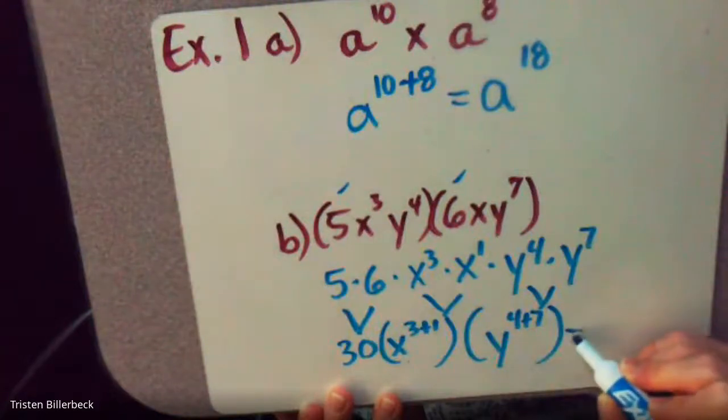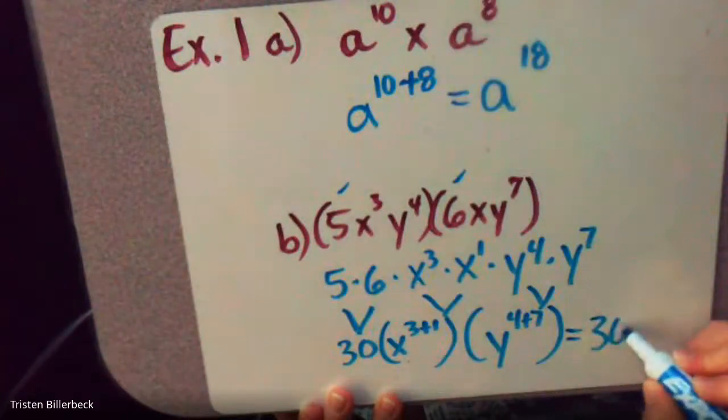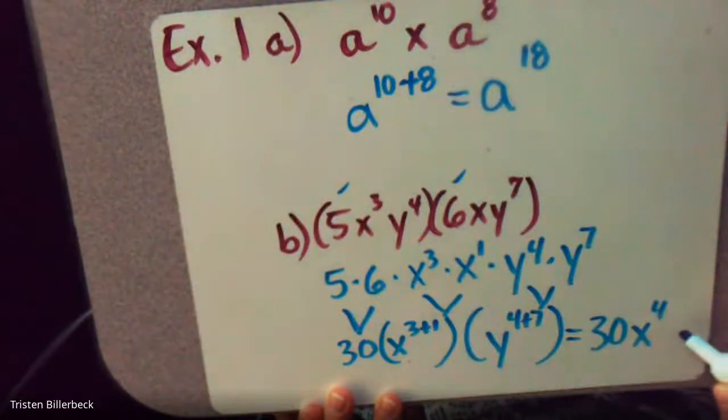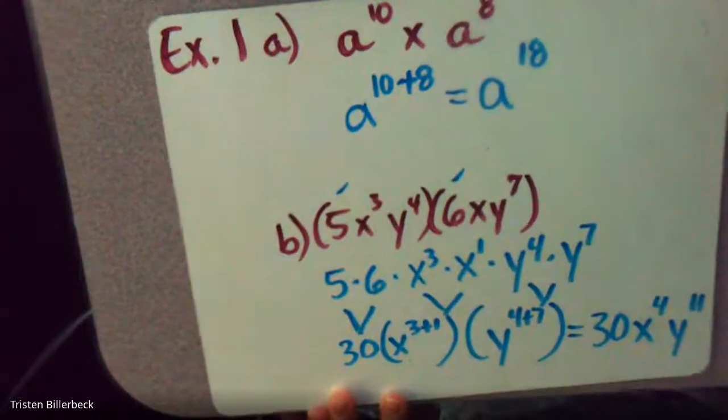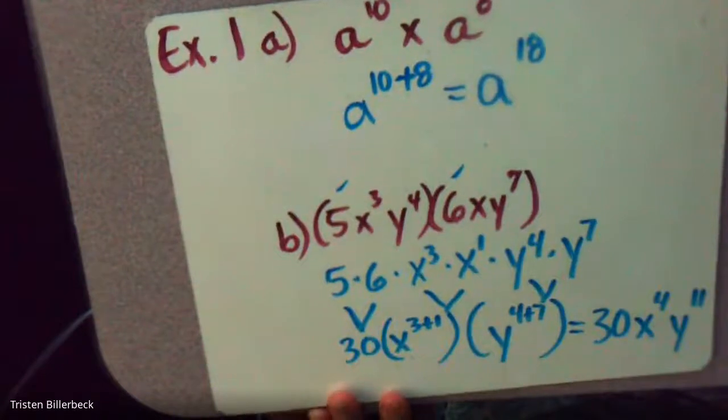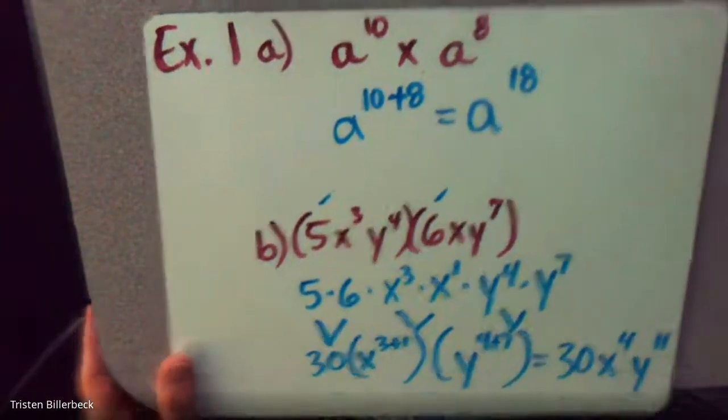So our final answer is going to be 30 x to the 4th and y to the 11th. And that's our final answer. All right, let's go to another example.